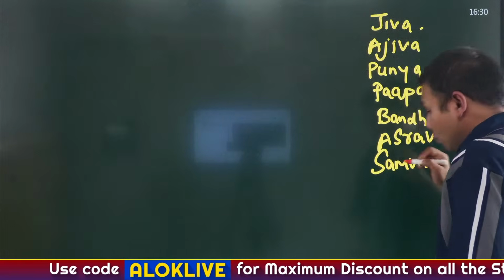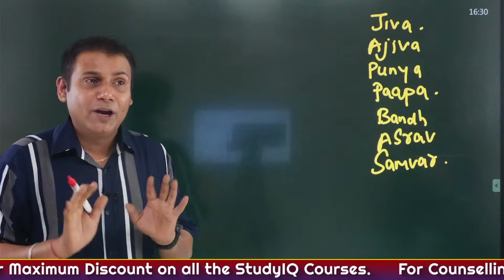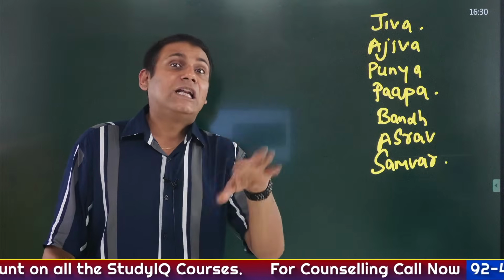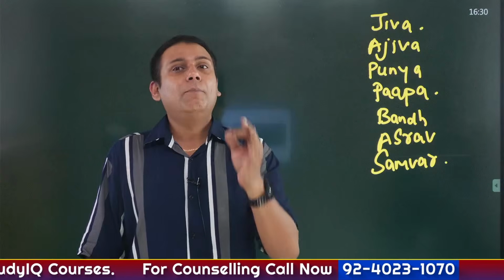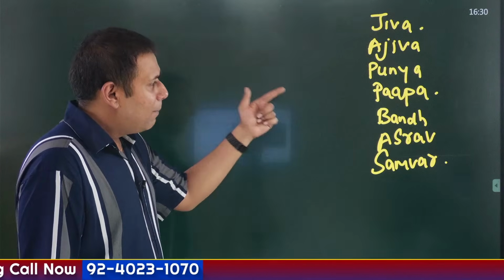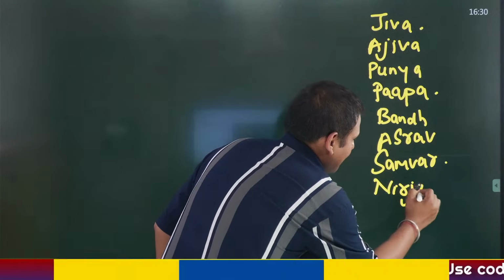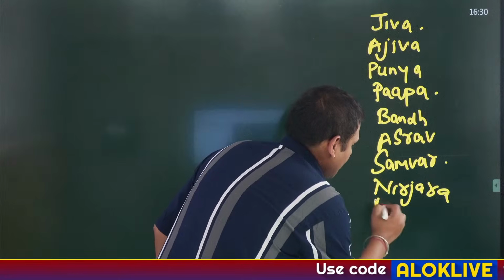Please note this down along with me. There could be a direct question in the UPSC prelims examination: which among the following are the 9 important Tattvas of Jainism? Jeev, Ajeev, Punya, Paap, Bandh, Asrav, Samvar, Nirjara, Moksha.